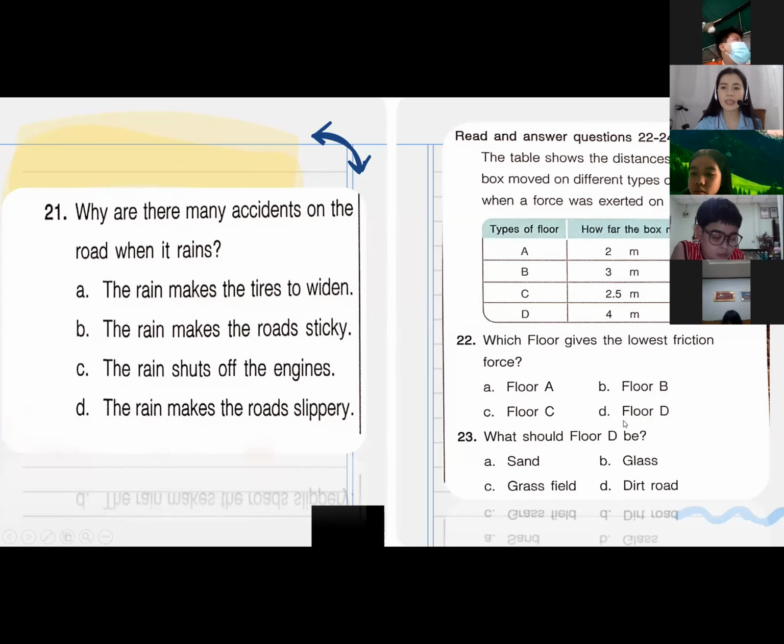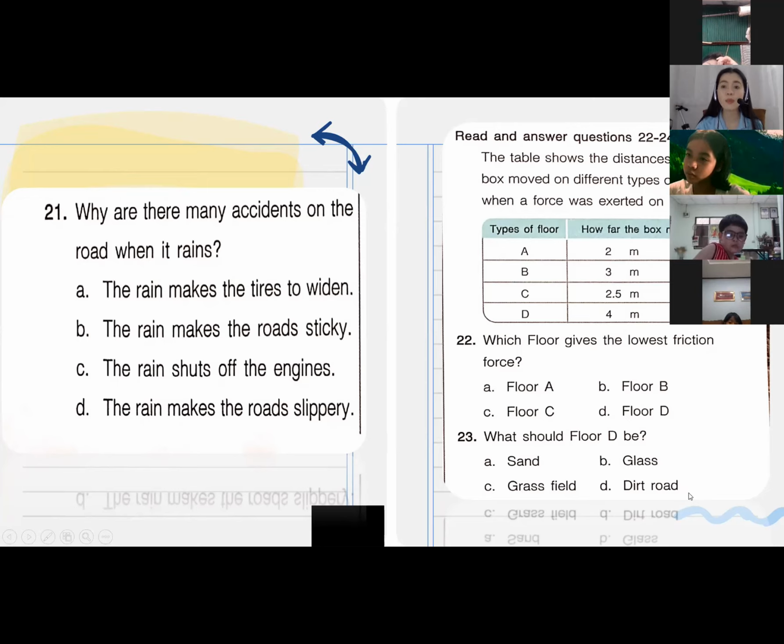Number 23. What should floor D be? Okay, so as you can see on the table, floor D has the highest distance, or the longest distance, which is 4 meters, right? So, what do you think is floor D? Is it A, sand, B, glass, C, grass field, or D, dirt road?